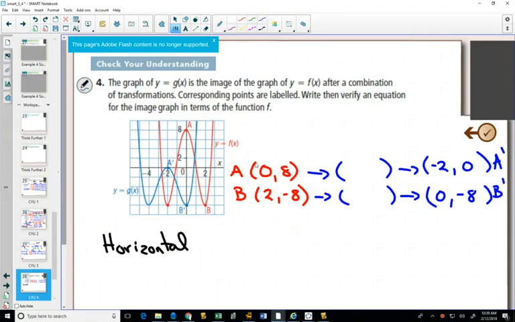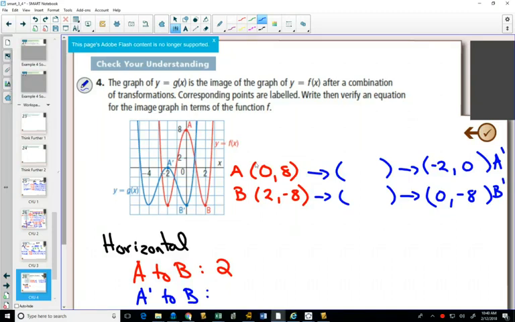So if you go from A to B, what has changed horizontally? You've gone up by 2. If you go from A prime to B prime, you also go up by 2.